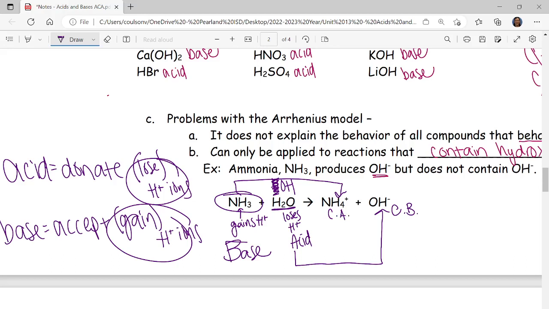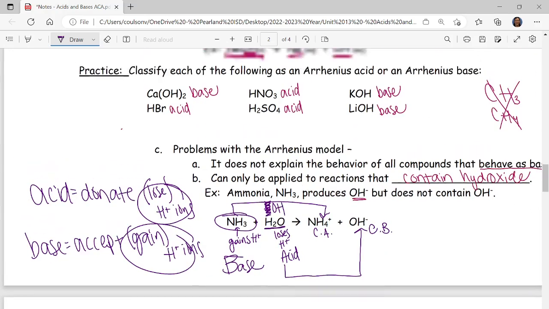And then we'll get more practice with this on the other page. So I just wanted to show this on that reaction so that you could see, in the same area, that the Arrhenius model is really oversimplified. If you're just looking at the formula, you really need to look at how they're behaving to figure out if it's going to act as an acid or act as a base.